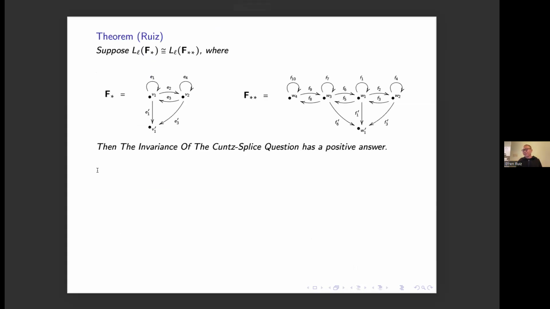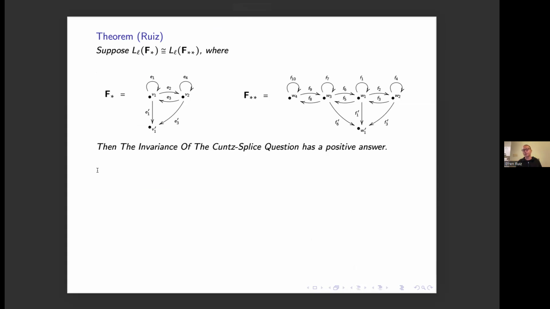Okay, so recently I posted a paper, and essentially what I was trying to do is find conditions for which you do get the invariance of the Cuntz-Splice question. And there is one already prior to this. It has to do with lifting a certain automorphism or isomorphism between L2 and L2 minus.